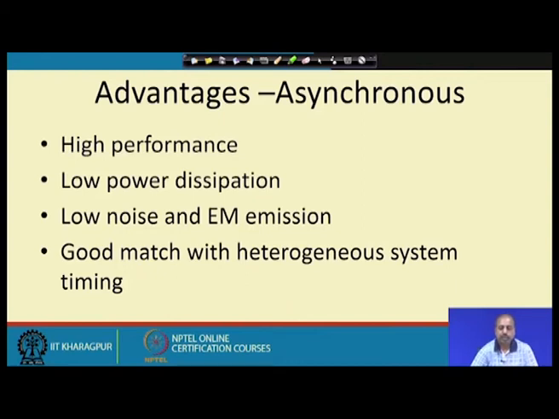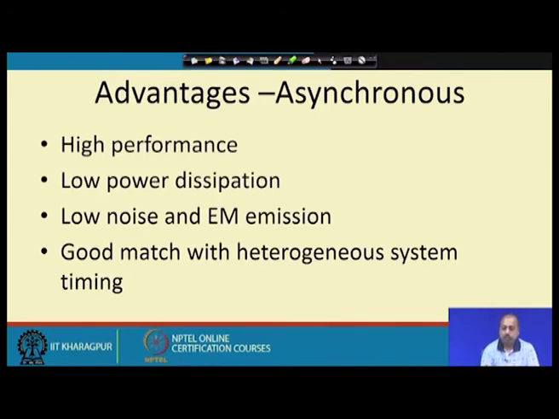Low noise and electromagnetic emission. It is generally seen that it does not produce high noise, and electromagnetic radiations are also less, because there is no such toggling. And good match with heterogeneous system timing: if in a system I have different types of components operating at different frequencies, then also we can handle this.